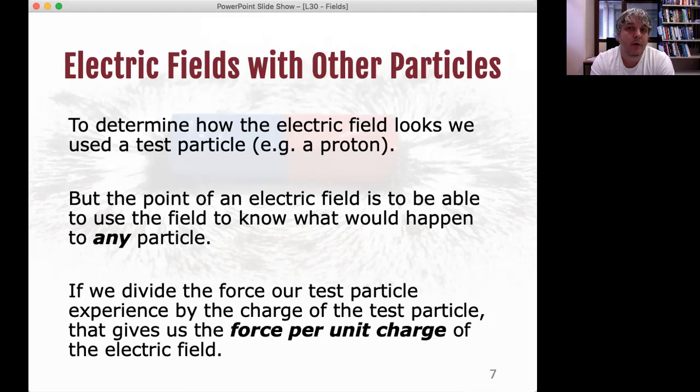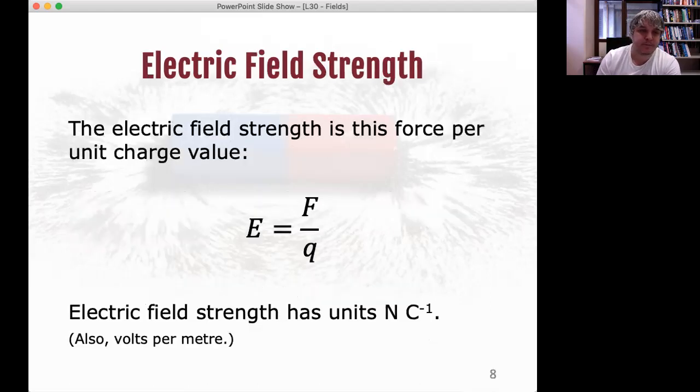So in the case of a single proton, you divide it by that charge on a single proton, and that tells you the force per unit charge. And that way, no matter what particle you put there, you are going to be able to tell what the force on it would be by using this electric field strength. So that's all it is. You figure out the force on a test particle and you divide by the charge of that test particle.